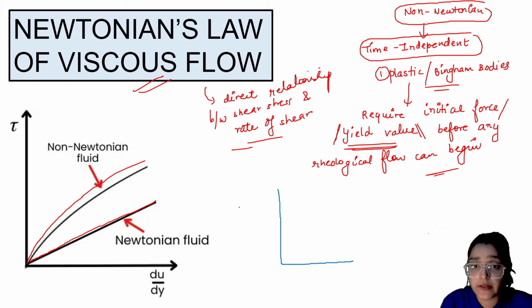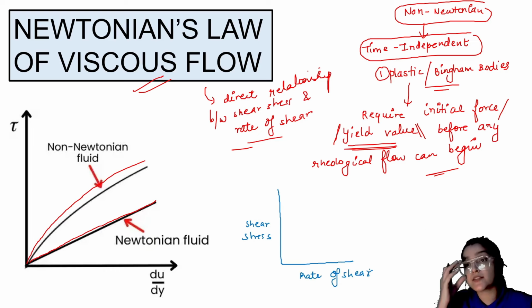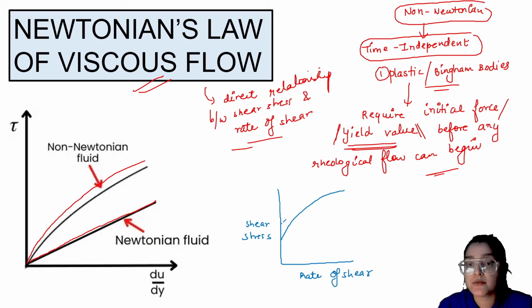if I plot a rheogram between the shear stress and rate of shear, we have mentioned in case of the plastic ones, there we require an initial force which is termed as the yield value.